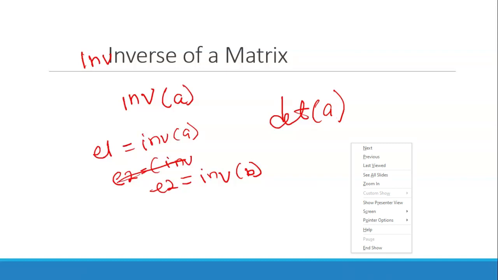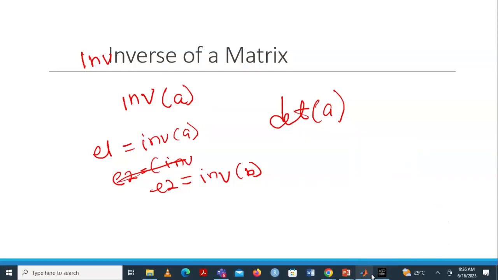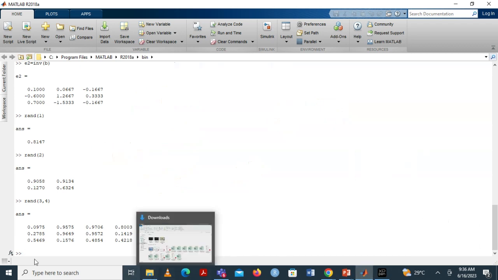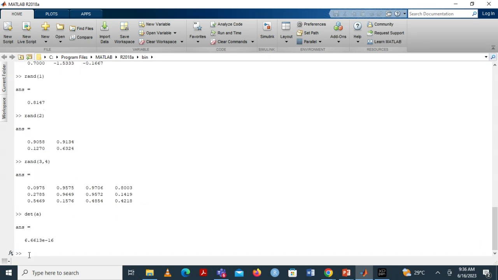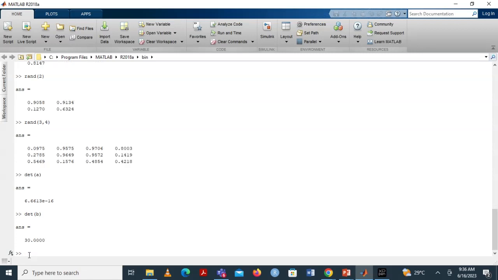So now let's try again. Let's say det(A). So that's the determinant of the matrix A. So det(B) is equal to 30.